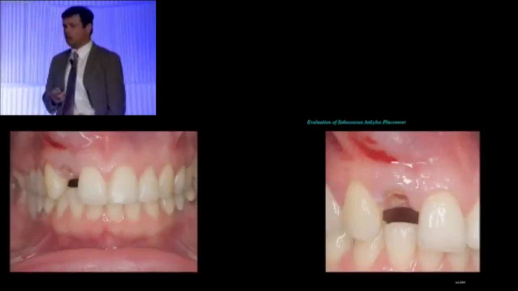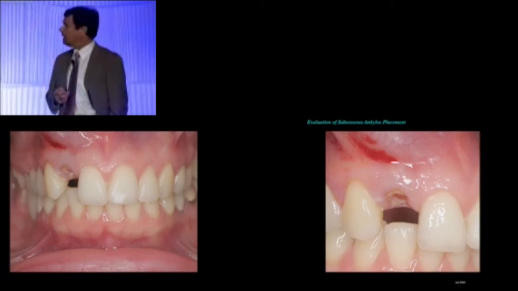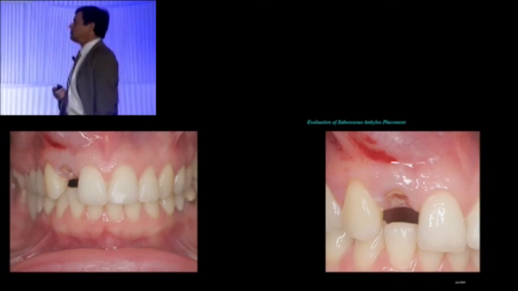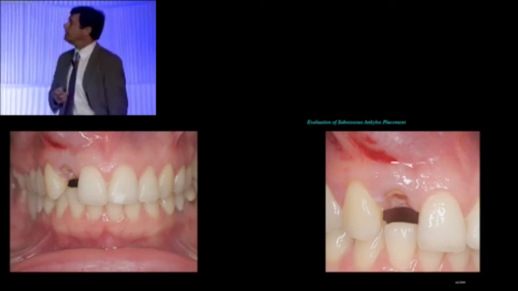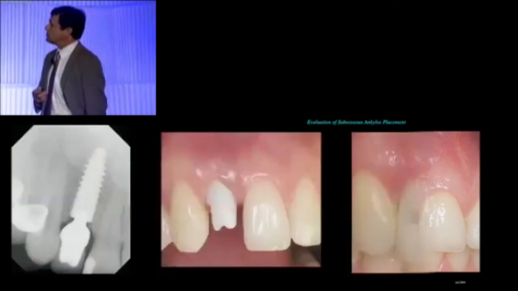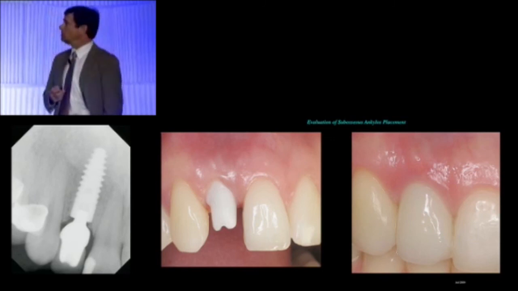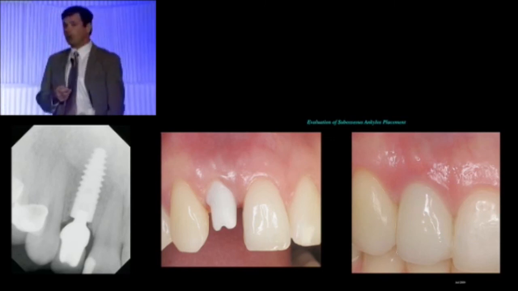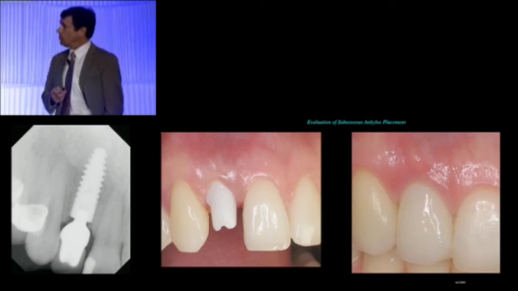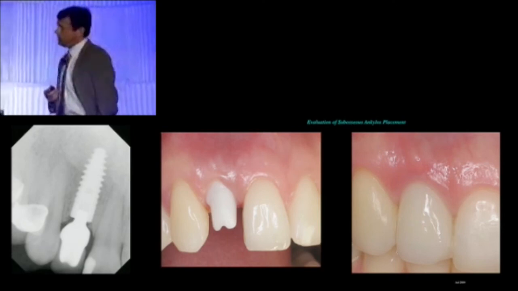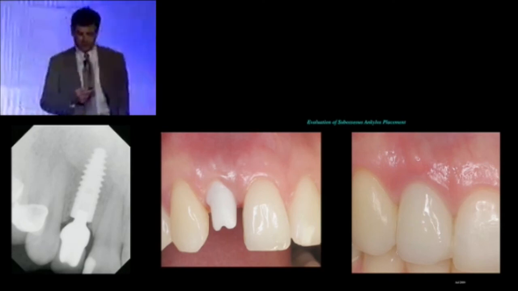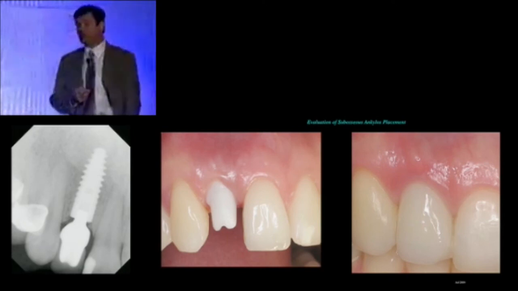Another case, typical of the cases that we'll talk about, fractured tooth, very attractive young lady, snapped a tooth off. This case was done as an immediate with a provisional. Unusual that most of my cases are done with ankylose A rather than B, but this is a rarity where a B was used, and you can see on the far right the final restoration.